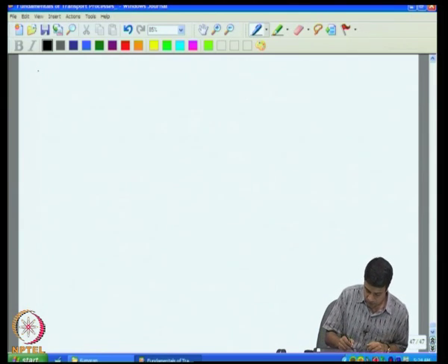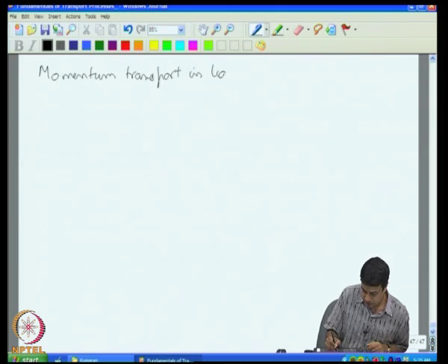Now, how about momentum transport in liquids?